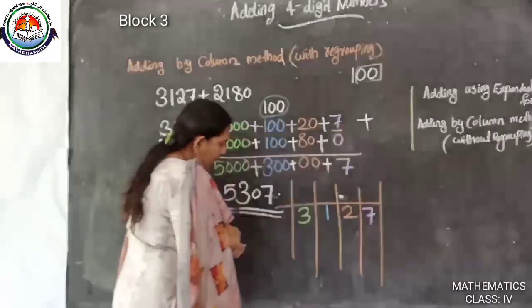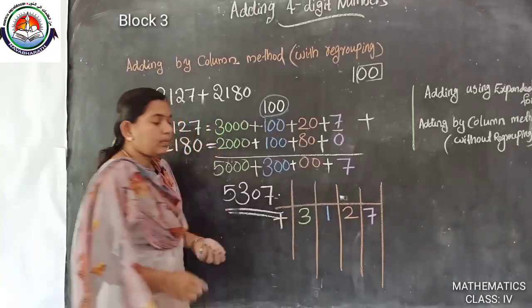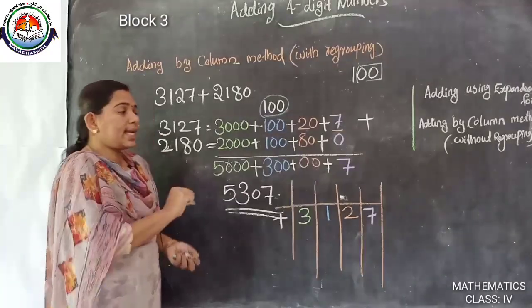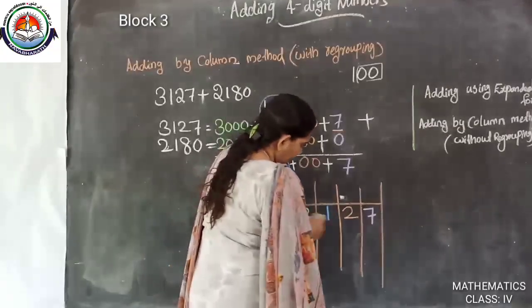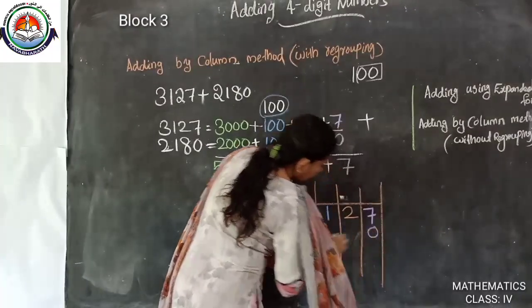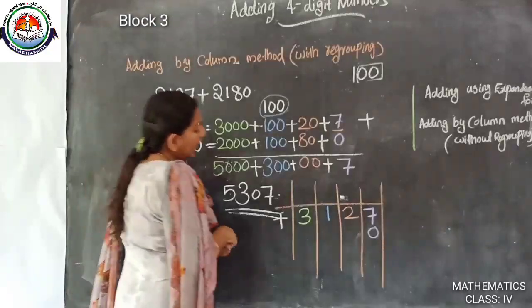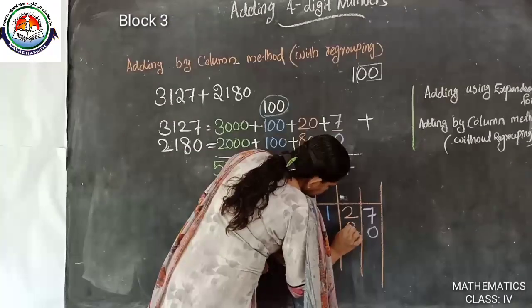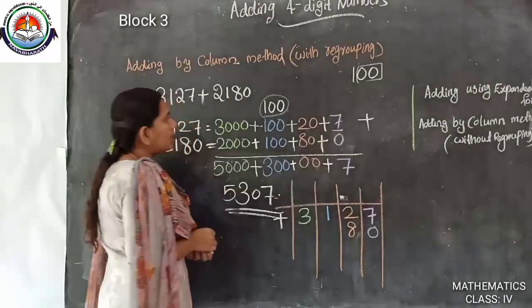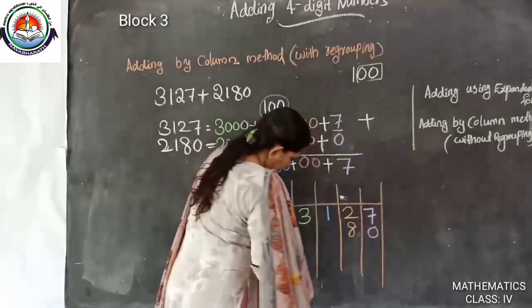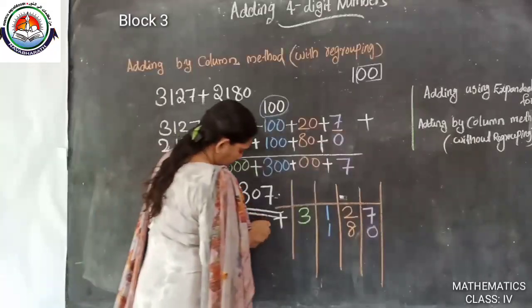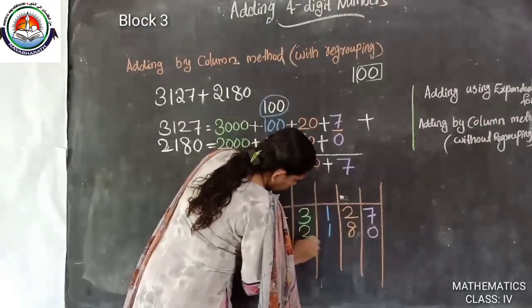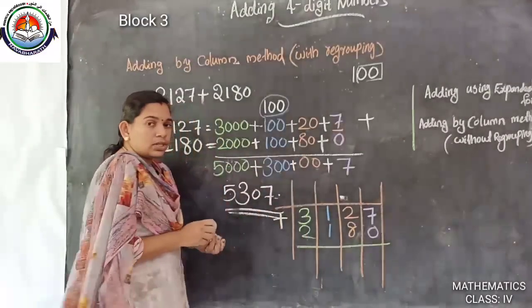Then we want to add the second number. Ones place is 0. Tens place 8. 100 place 1. 1000 place 2. Then add it.